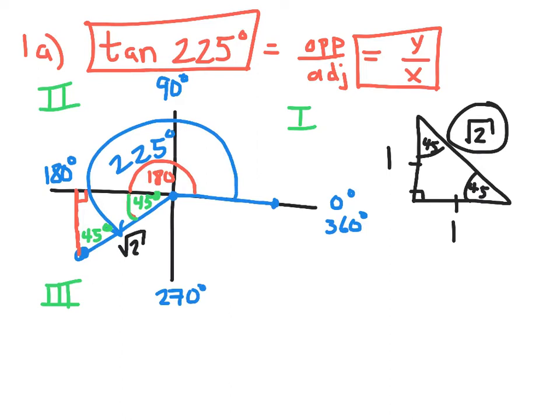Now, across from one of the 45s is a 1. So I'll draw this as the 1. Remember, that is not 1. That's actually negative 1, because from here down, your y value is negative 1 because you're going down. So this is your y value, negative 1.